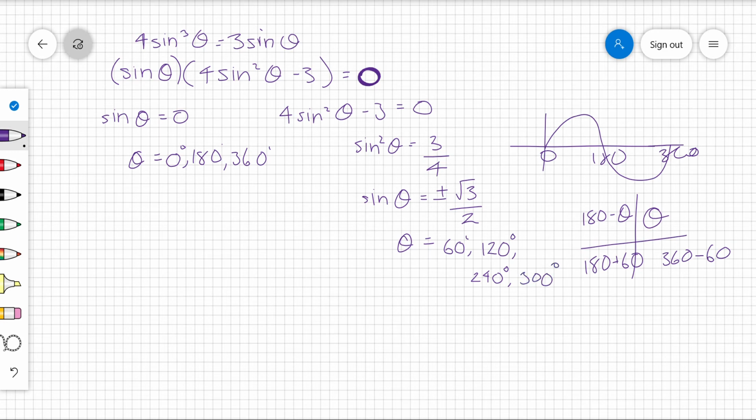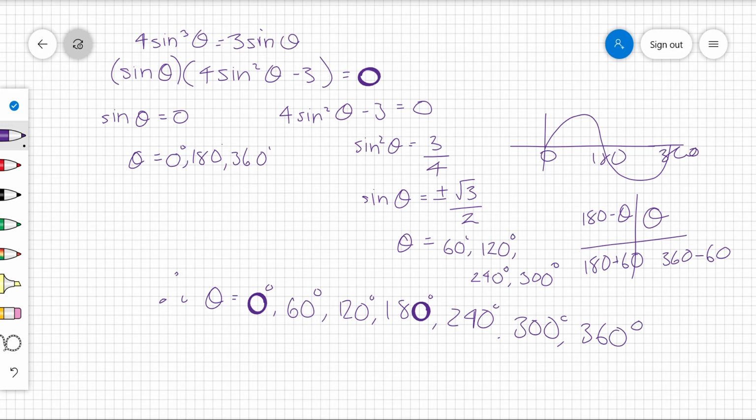So if I put these together, I usually say theta equals, and then list them all, or you could even try and put them in order if you can. 300, sorry about the messiness. And there you go. So they're all your answers.